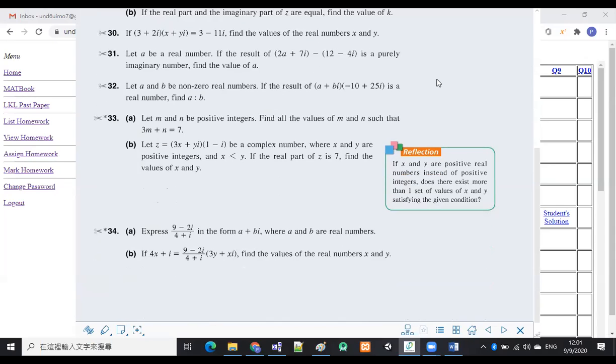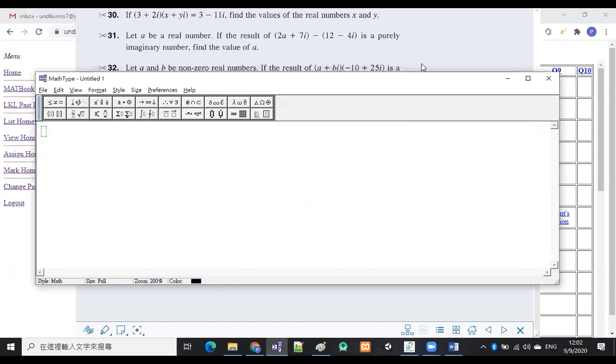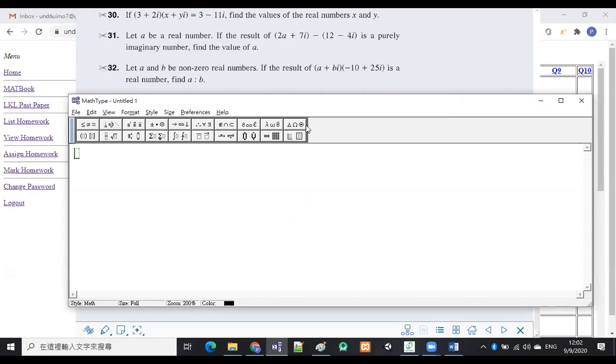Okay, maybe I talk about number 32. 32. Okay，呢題有少少特別嘅啫。但係如果你做落嘅話，其實就唔係太難。我就想講講32題。OK。So let A and B be non-zero real numbers.